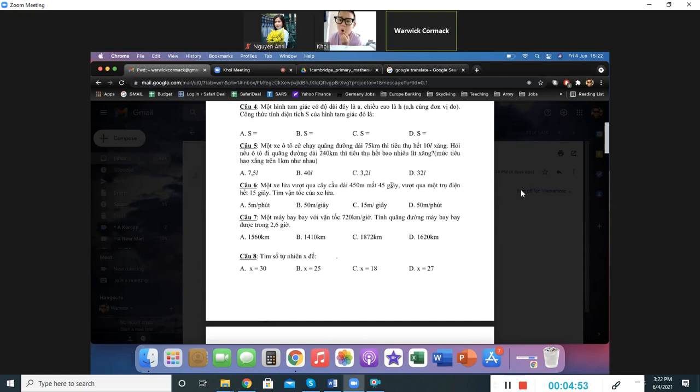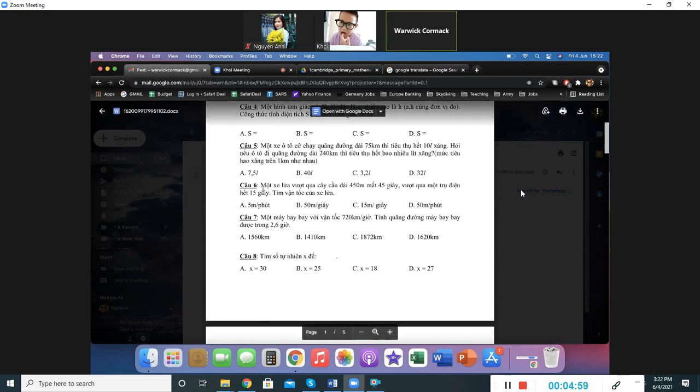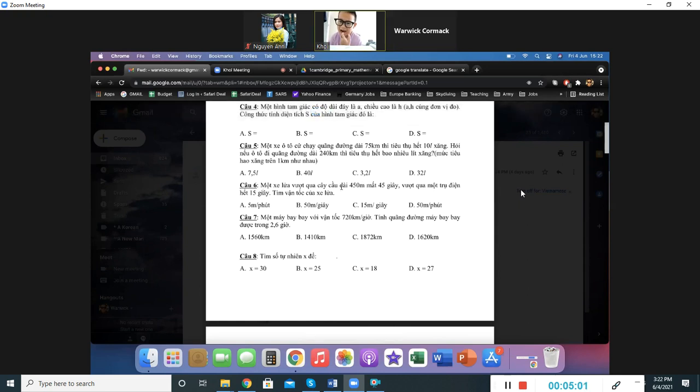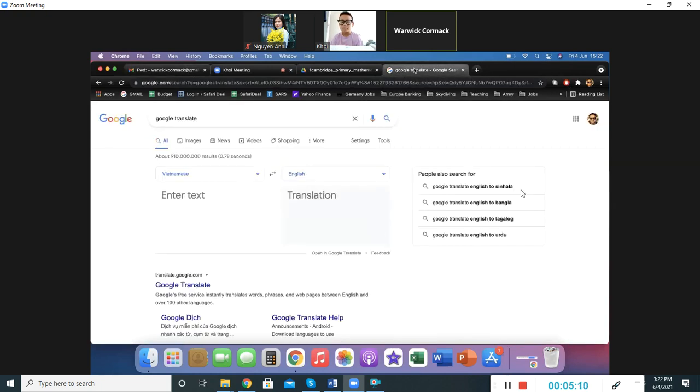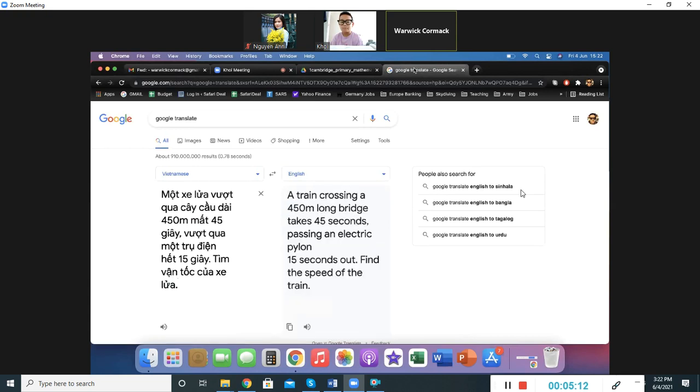So it's saying a train travels 450 meters in 15 seconds. And then I don't know what this extra 15 seconds is here. They're saying that they want to find out the speed per second. Let me just confirm. I think you explained it well. Let's see. A train crossing a 450-meter long bridge takes 45 seconds.